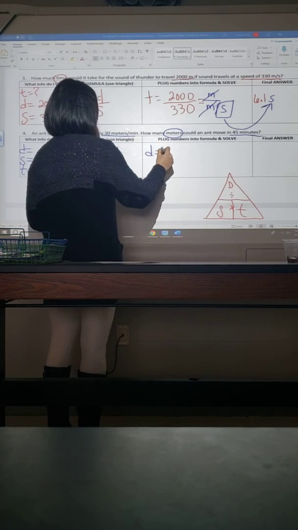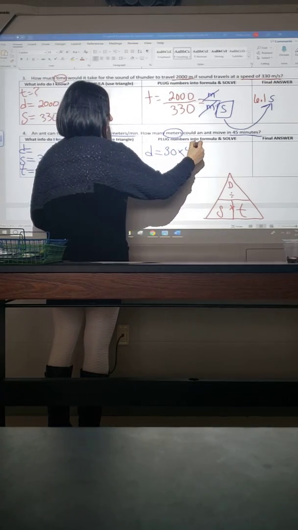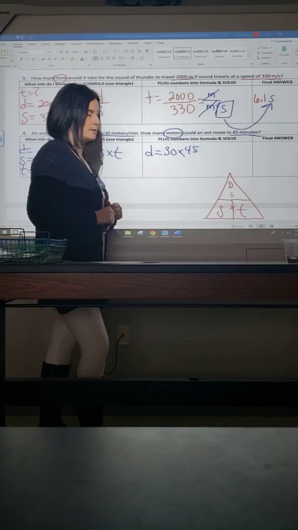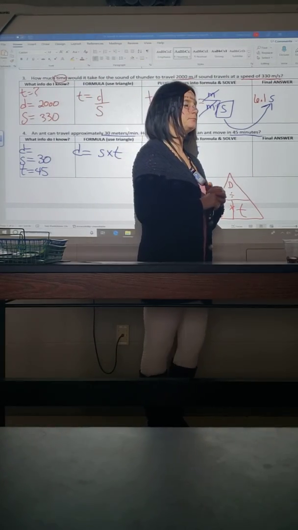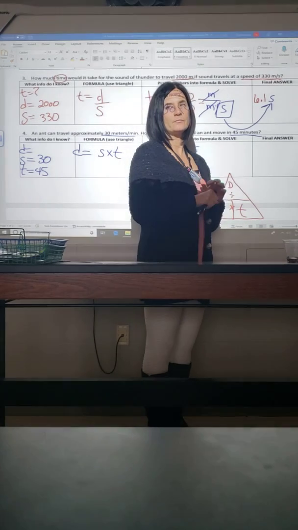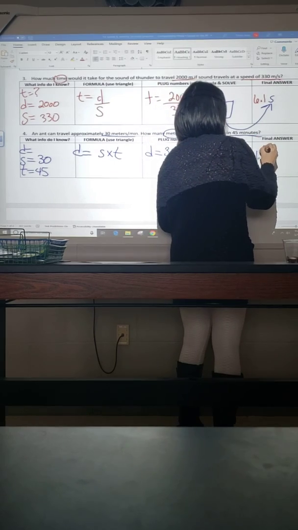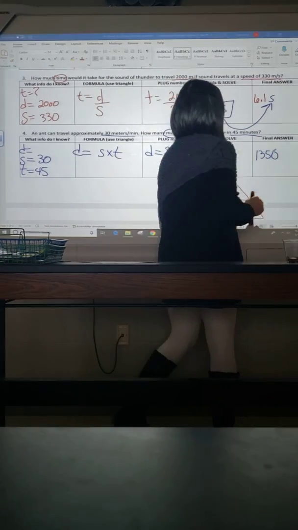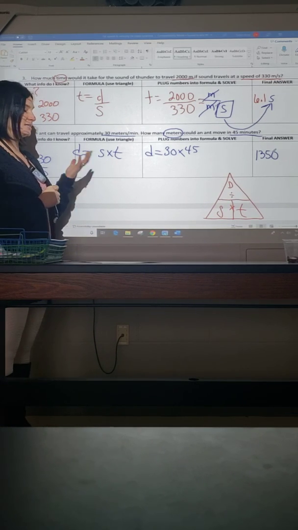So D equals 30 times 45. And what does that answer give us? 1,350.